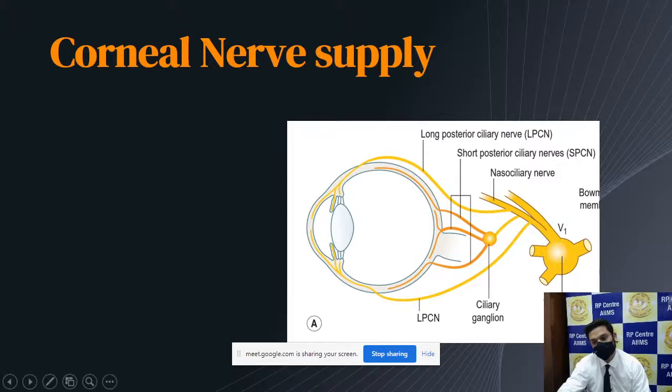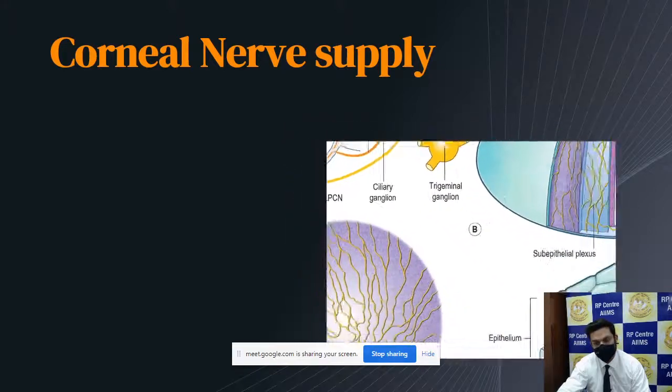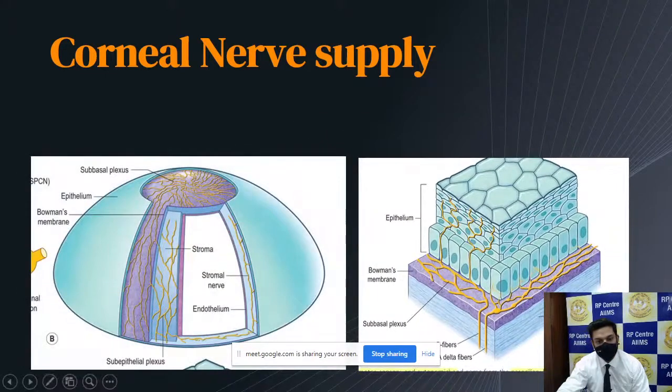So the corneal epithelium is derived from the surface ectoderm, induced by the lens vesicle and the optic cup. The mesenchyme forms the Bowman's membrane and the stroma. Bowman's membrane is not a true basement membrane, but rather the anterior portion of the stroma itself.